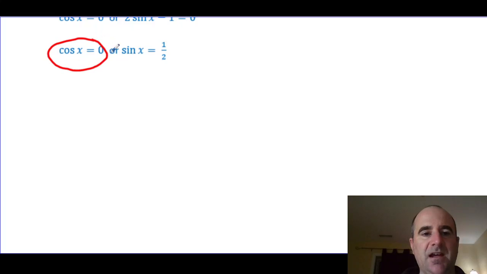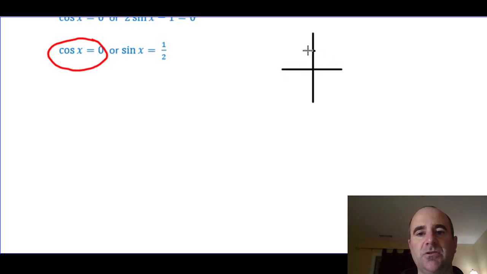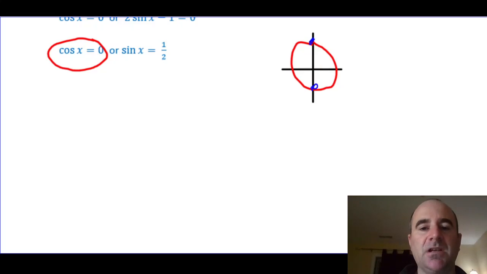When does that happen? Well, again, you could think about the unit circle. When is the x value equal to 0 on the unit circle? Well, that happens either right here or right down here.